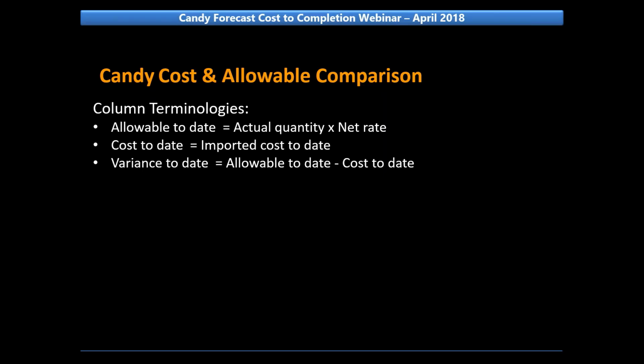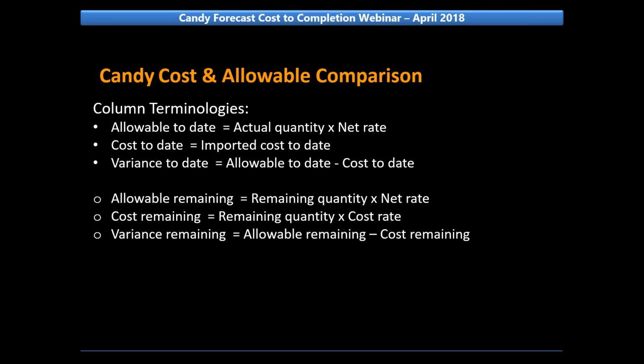Then cost to date is the imported cost to date from BillSmart or other accounting packages. And variance to date is allowable to date minus cost to date. Next, allowable remaining is calculated based on remaining quantity multiplied by the net rate.